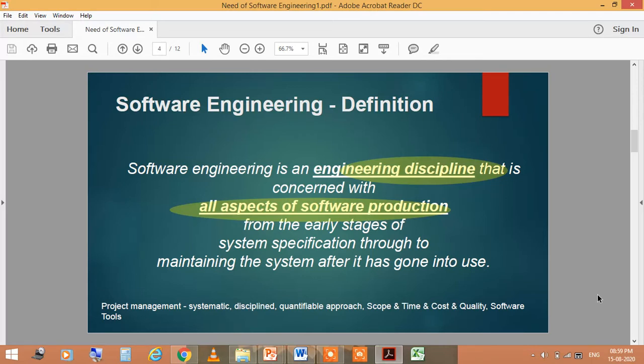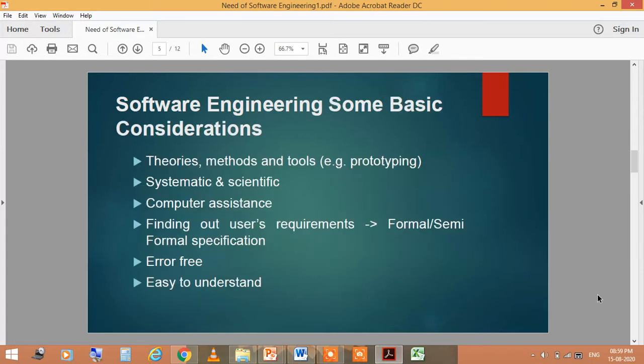If we are talking about project management, we have to think about a systematic, disciplined, quantifiable approach, and in this the scope, time, cost, quality and software tools are all considered. Now come to software engineering, some basic considerations.